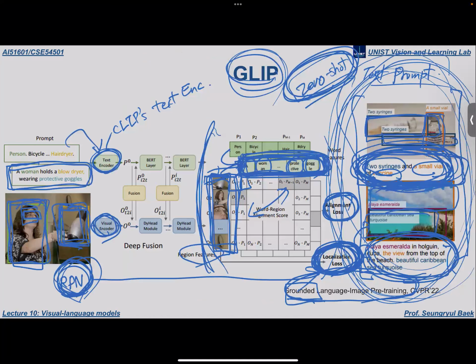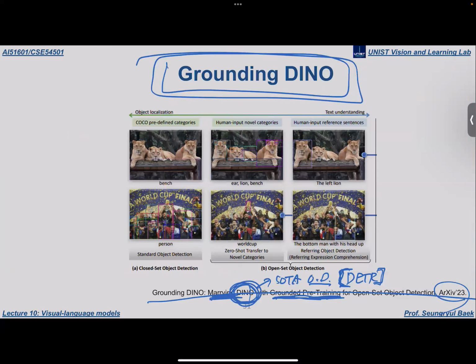Anyway, that is this task. For open set object detection, this means the zero-shot task. Even for unseen classes during training, they want to perform the object detection. That's open set object detection.